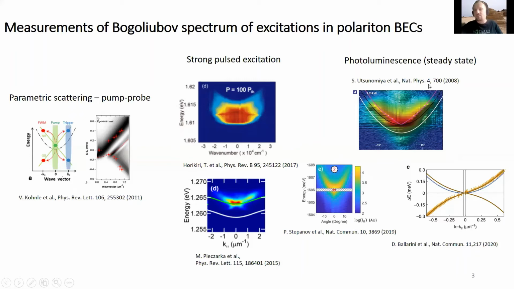There is also the very famous demonstration of Bogoliubov excitations in photoluminescence in 2008, however with no signatures of the ghost branch. And very recently, another attempt with new techniques was performed last year, where under resonant excitation with the strong laser filtered out, one could track what is happening with excitations. Another very clever way was to extract the dispersion from G1 treatment.